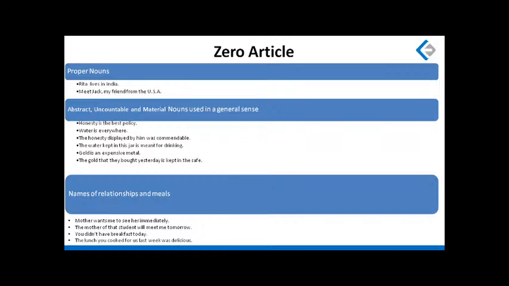But if you don't use any of those possessive pronouns, then "Mother wants me to see her immediately" is correct. Just like "You didn't have breakfast today" refers to breakfast in a general sense, not the lunch you cooked for us. Second and fourth, I am using it in a specific sense. First and third, I am using it in a general sense. So that is why in the first and third, I do not need an article.